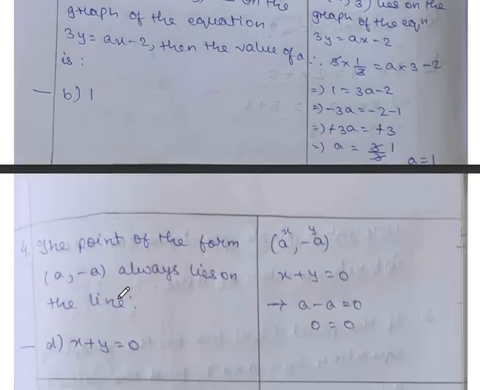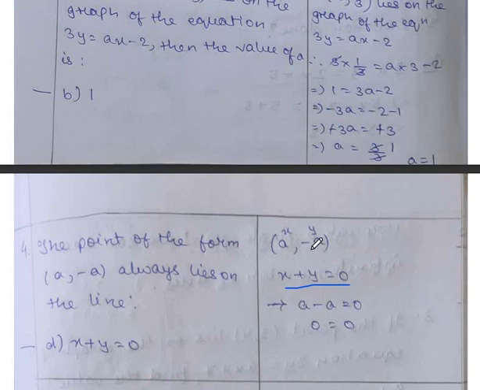Now, number 4 MCQ. The point of the form a comma minus a always lies on which line? Out of the 4 options I have taken option D, x plus y equals to 0, because if I put this point a comma minus a in this equation, left and right will match. a minus a is 0, 0 0, both are matching.